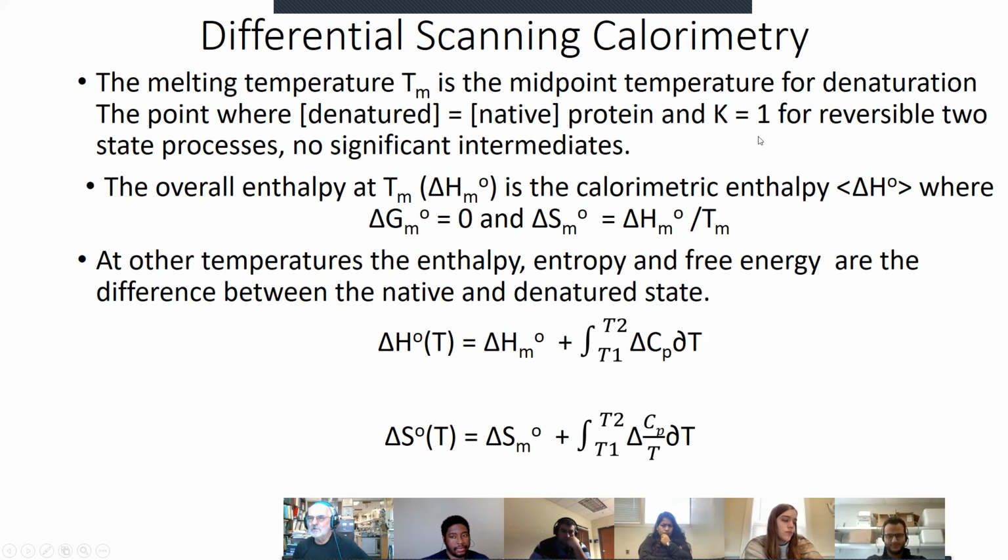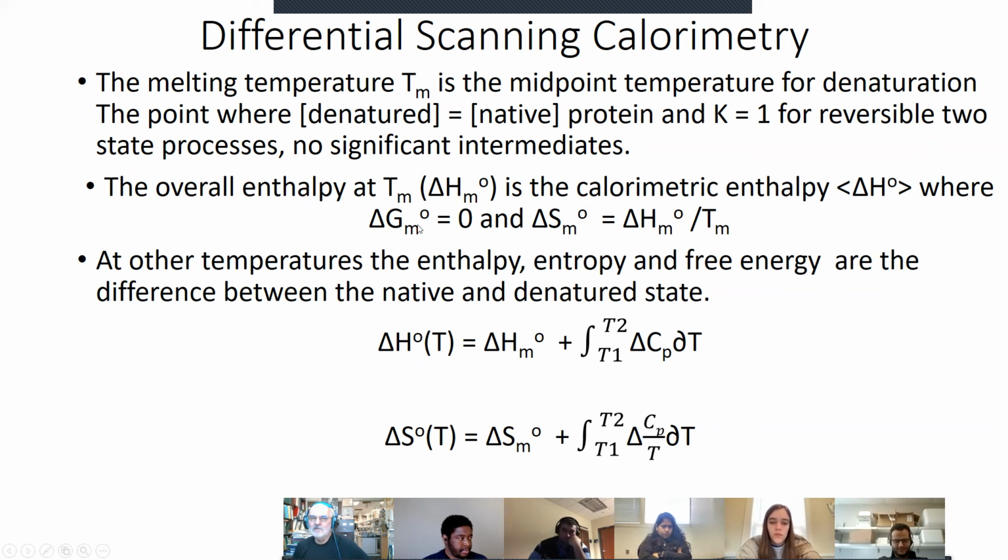At that point, the equilibrium constant's approximately 1, for a reversible two-state process, no significant intermediates. We'll come back to that in a second. That's the conversation about a Van Hoff enthalpy versus a calorimetric enthalpy. And the overall enthalpy at that point is therefore the enthalpy at the melting point.